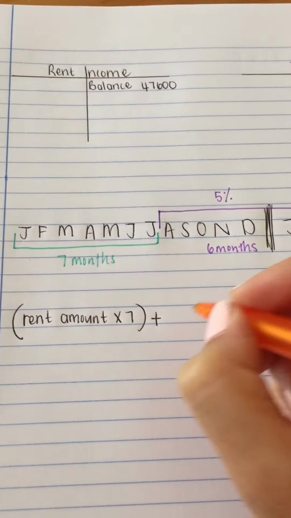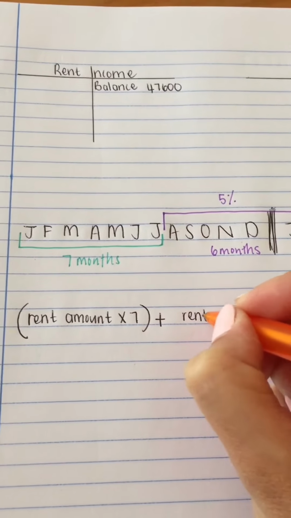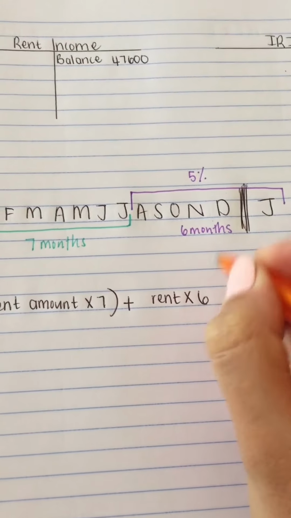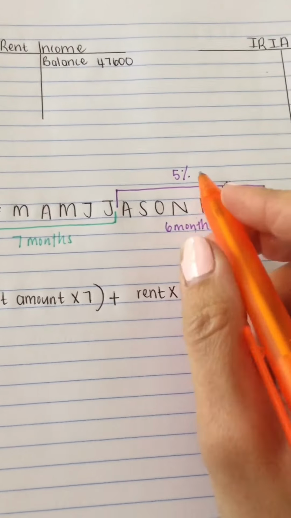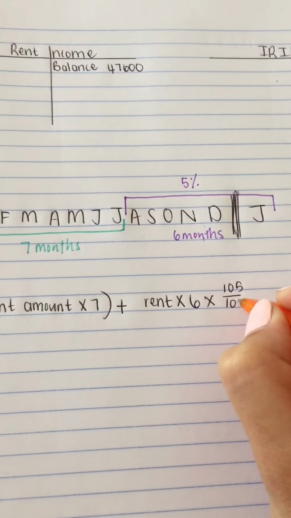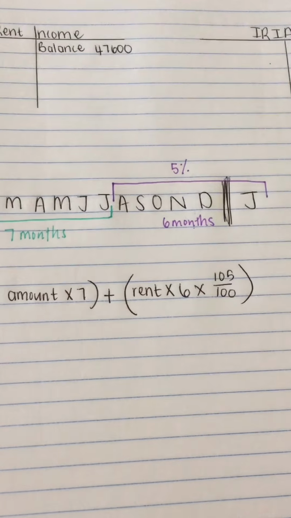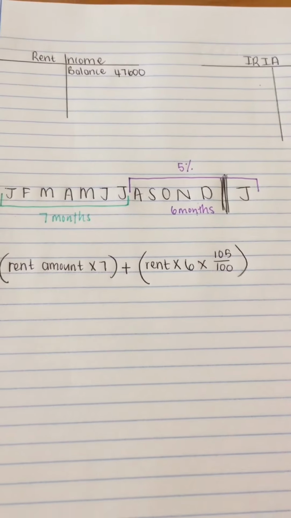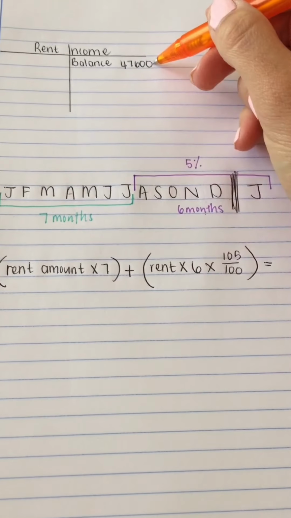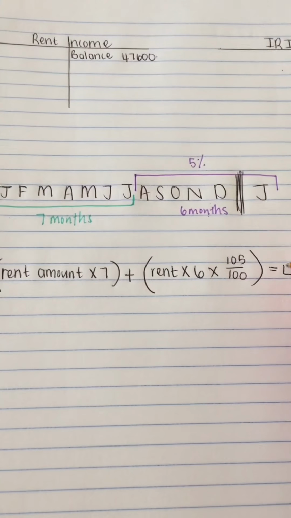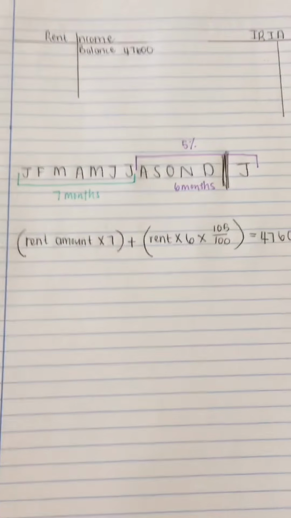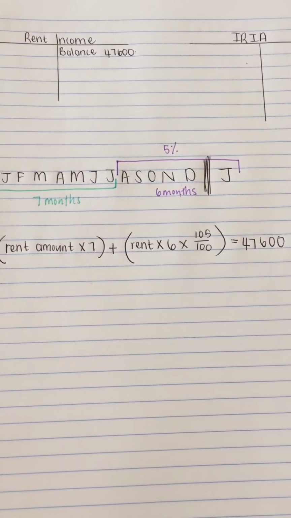Then I also know that I received the same rent amount for 6 months, but I got a 5% increase for the last 6 months. And I also know if I add the two together, I get the 47,600. So that is my mathematical equation.